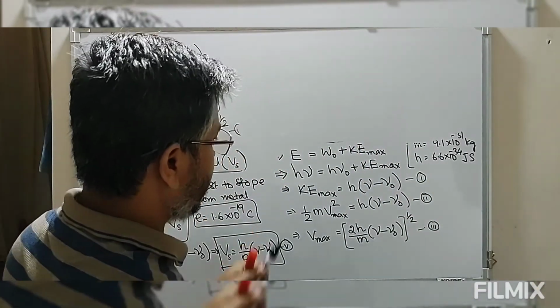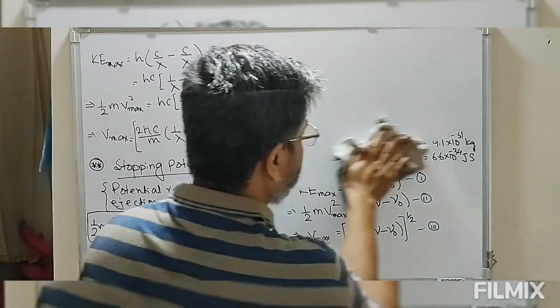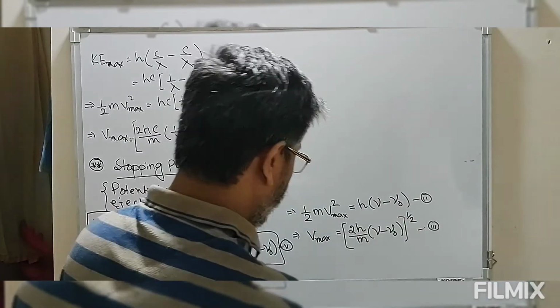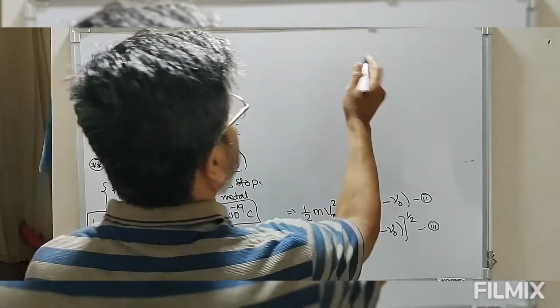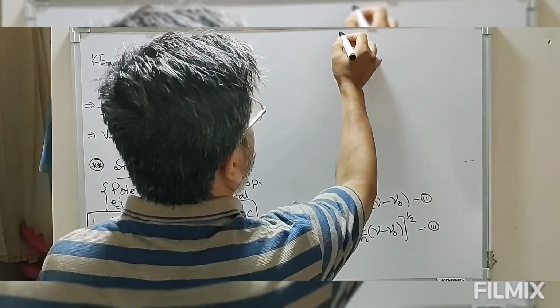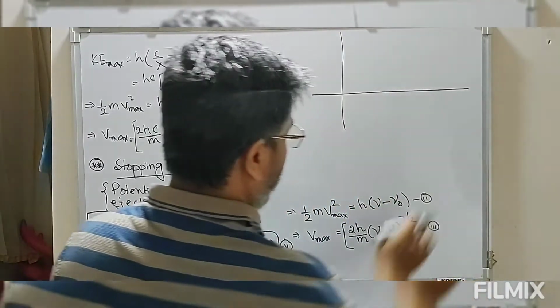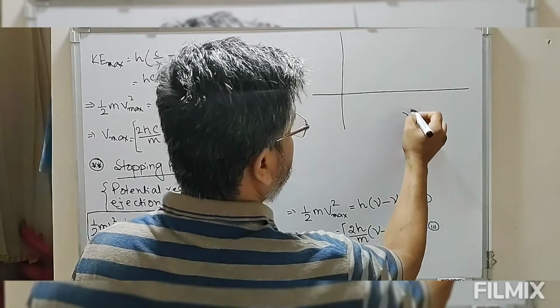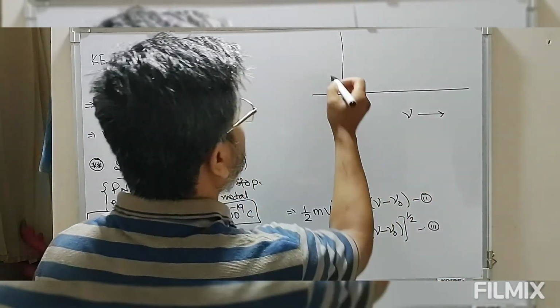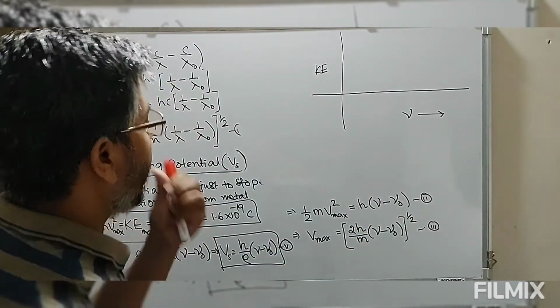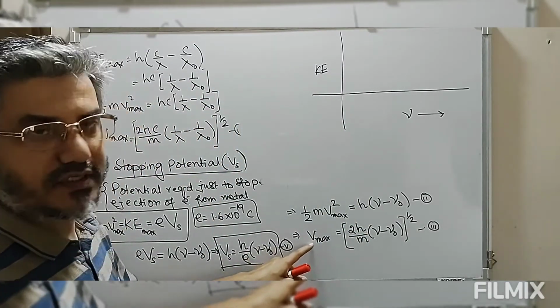Let me take this graph. So look at this equation 2. This is the frequency of incident photon. This is kinetic energy. The variation of kinetic energy means indirectly we are seeing velocity.